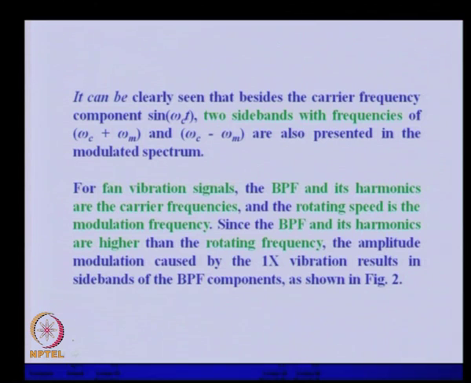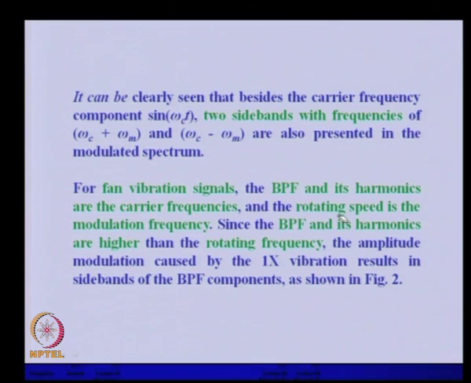So, it can be clearly seen that beside the carrier frequency component, two sidebands with frequencies of the summation of the two frequencies and the difference of these frequencies are also present in the modulated spectrum. For a fan vibration signal, the BPF and its harmonics are the carrier frequency and the rotating speed is the modulation frequency.